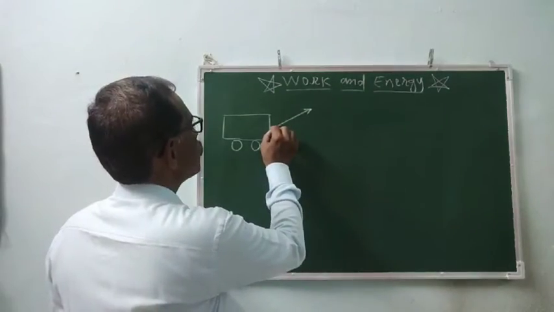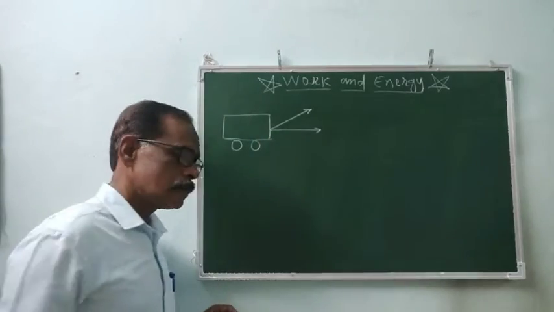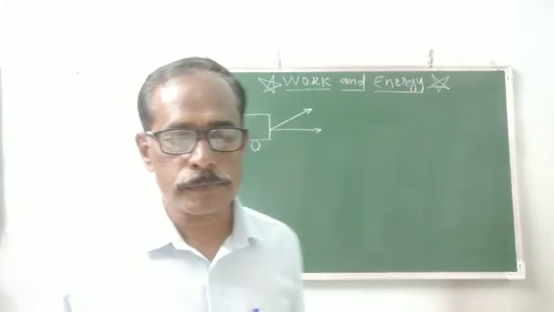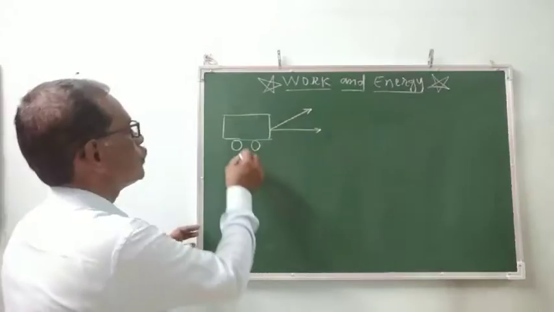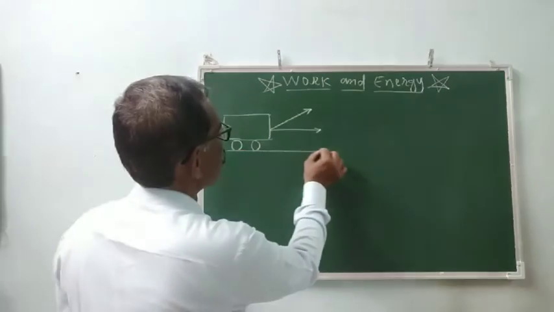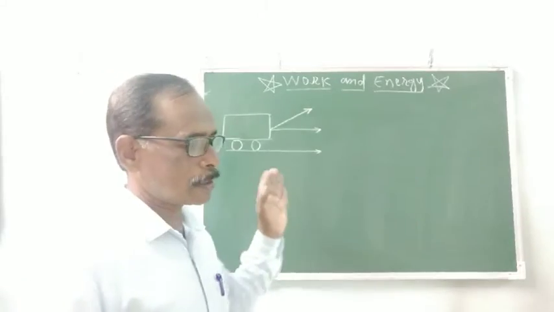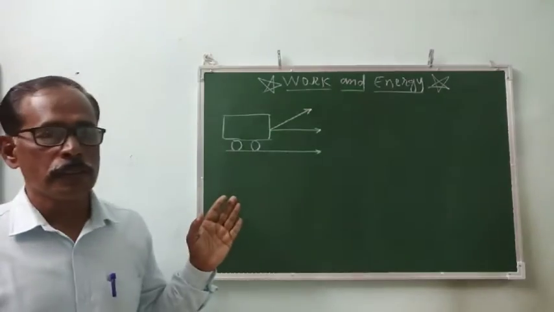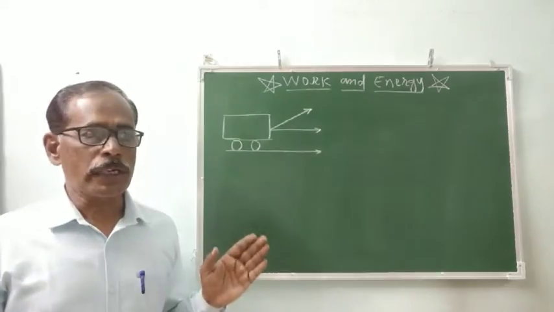The displacement of that toy car is in the horizontal direction. The direction of the displacement is not in the direction of the applied force. In such condition, how can we calculate the work done?